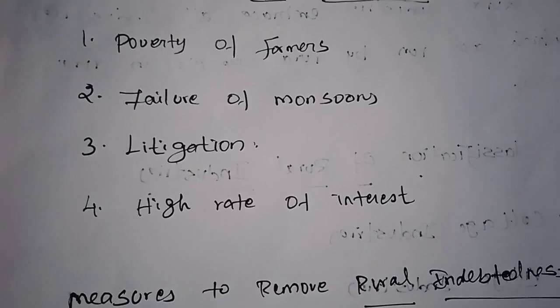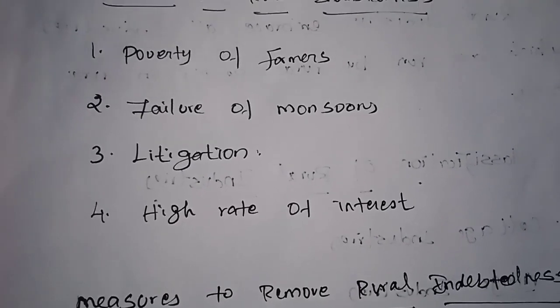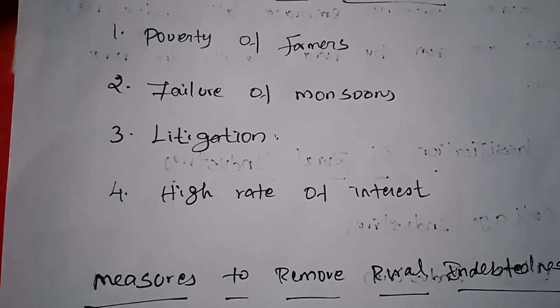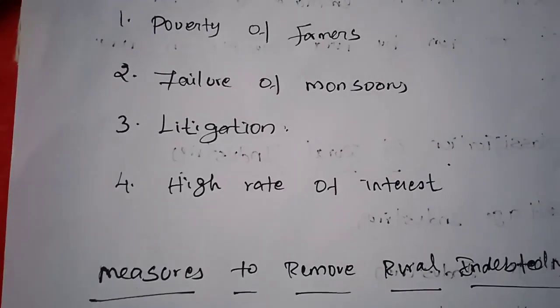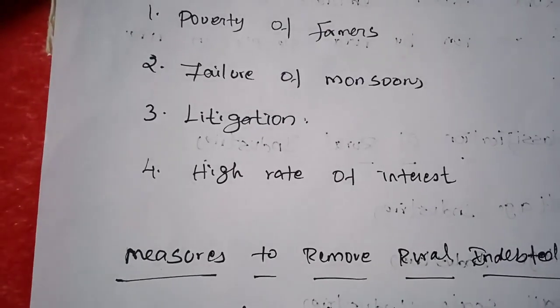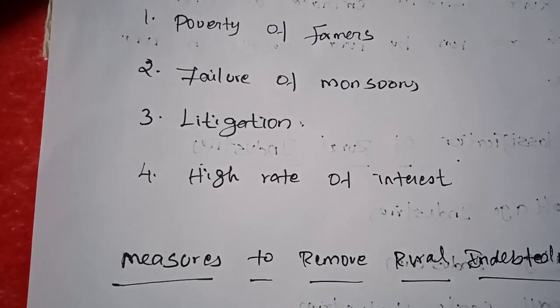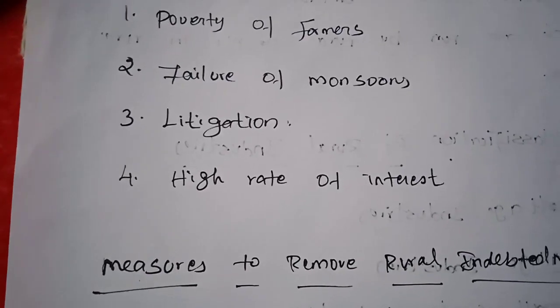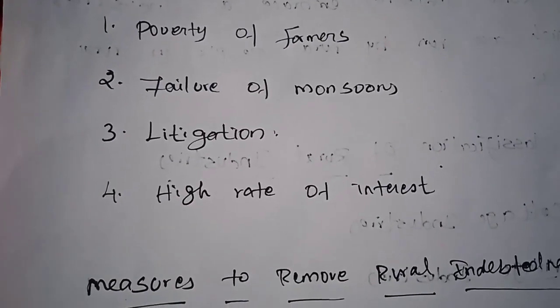Normally, even if they borrow from a financial institution, they are unable to repay the money. If they borrow from the local money lenders, they will never repay the money.